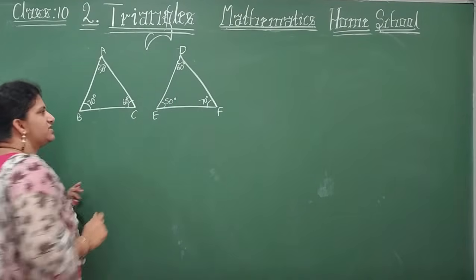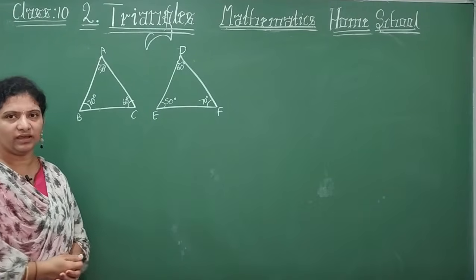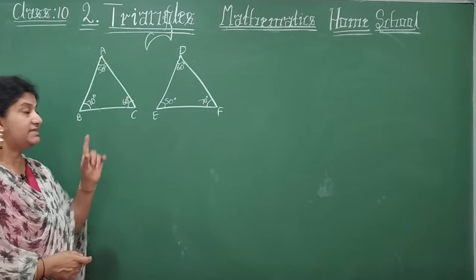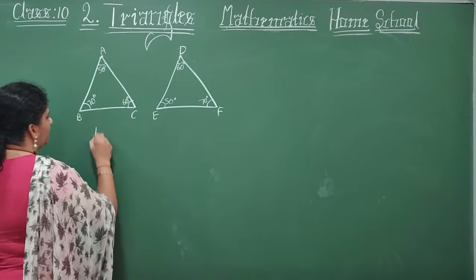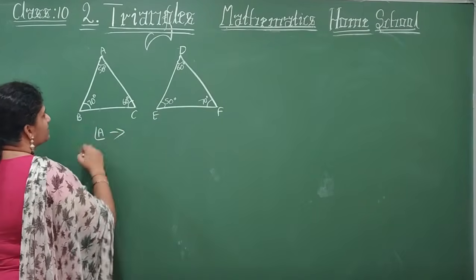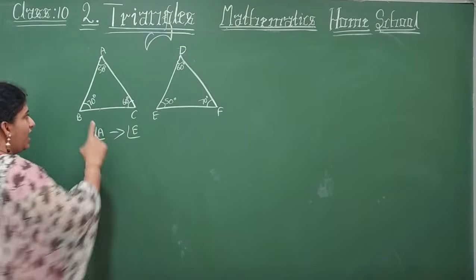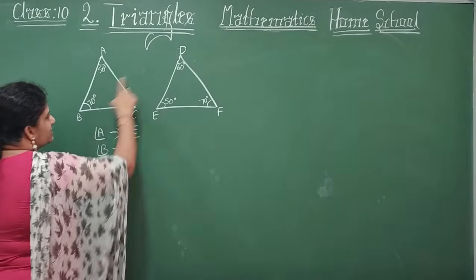Children, this is just for you to compare. Okay, now try to compare here. I didn't give you any 1, 2, 3 arcs. By seeing the angles, you need to compare. So angle A is corresponding to angle E. Yes. Angle B, 70 degrees. Where is 70 in this?